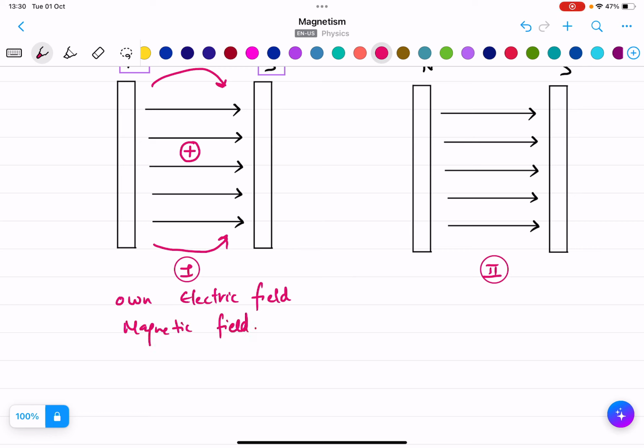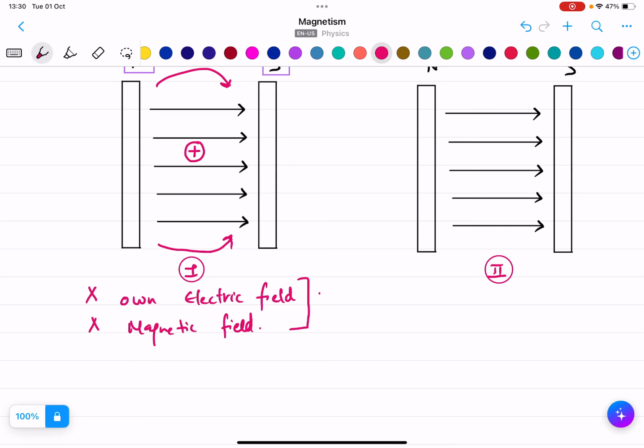So basically this electric field and this magnetic field don't have any interconnection. That means the charge has its own electric field and it is in the magnetic field, so they will not be related to each other.